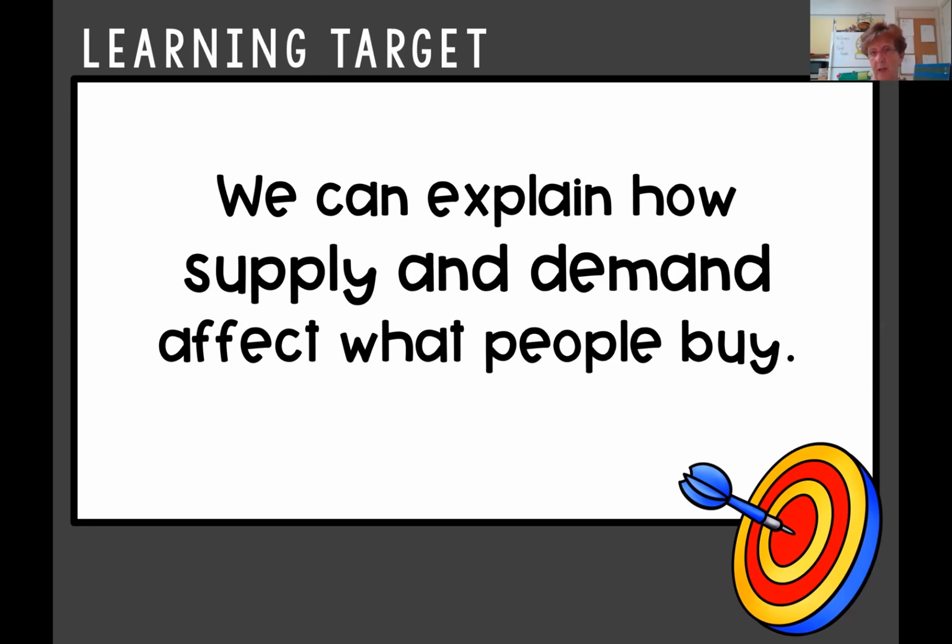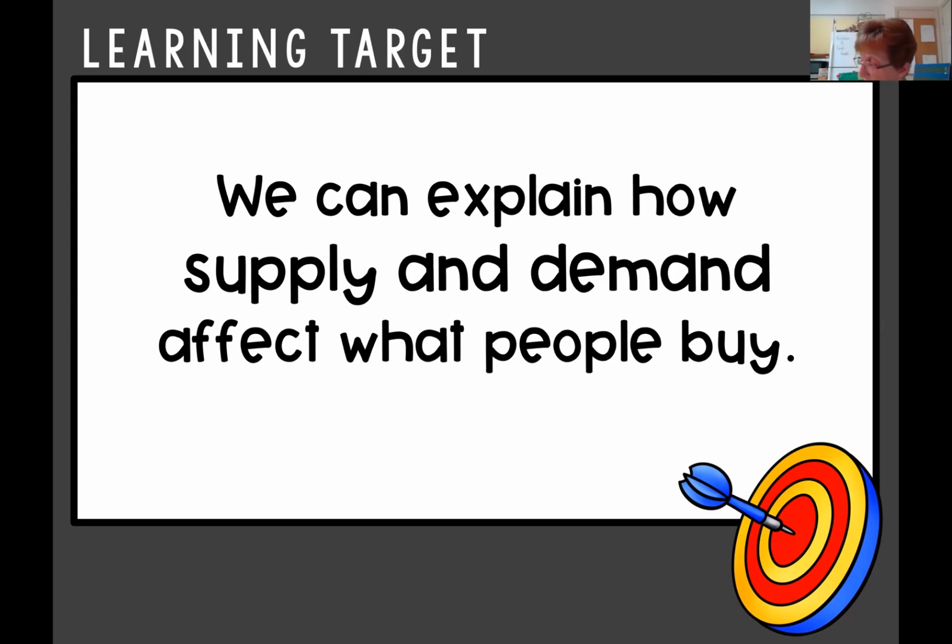If the supply is high and the demand is low, for example, it was hot and sunny and no rain in the forecast, and there was a high supply of umbrellas, more than likely people are not going to be buying an umbrella because they don't need it.